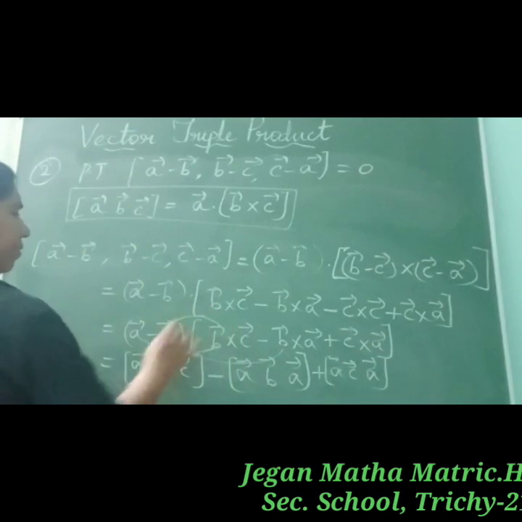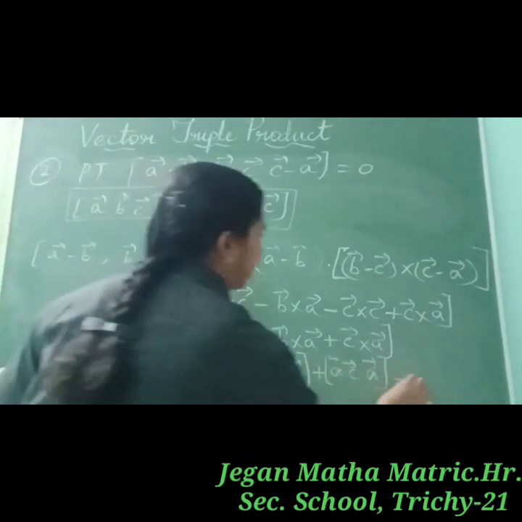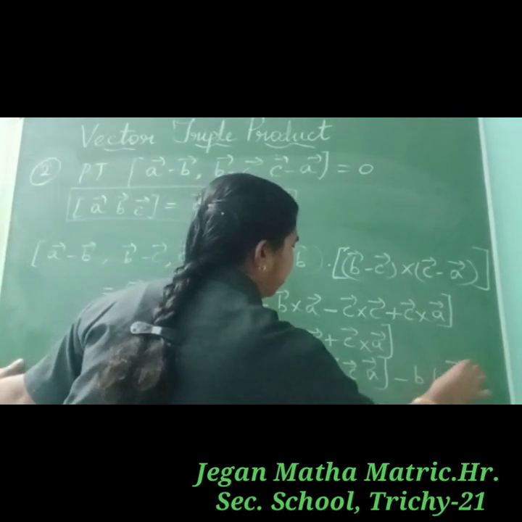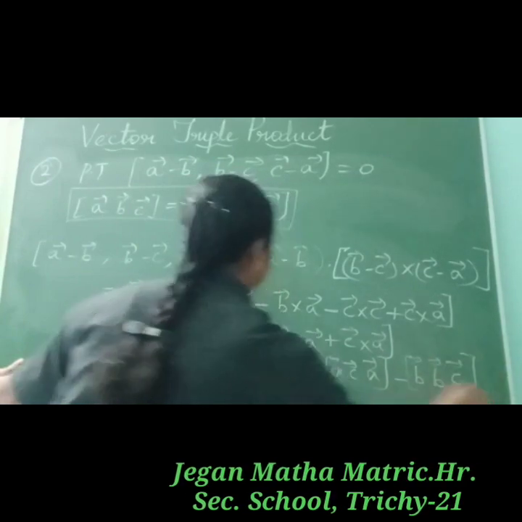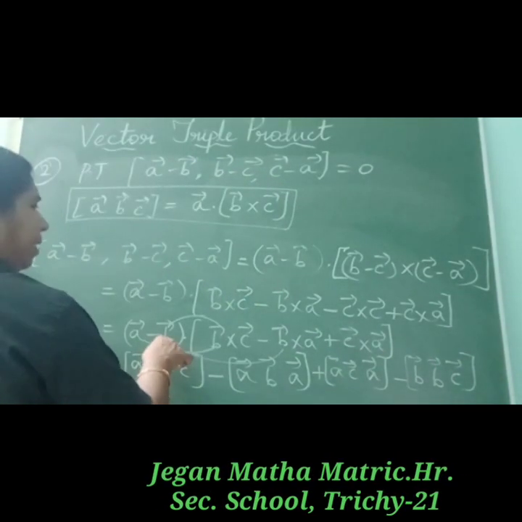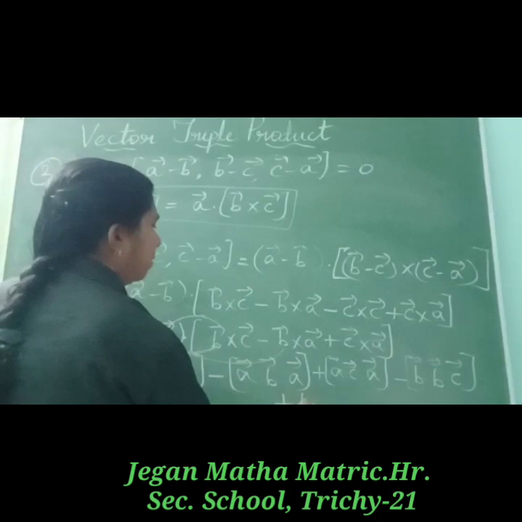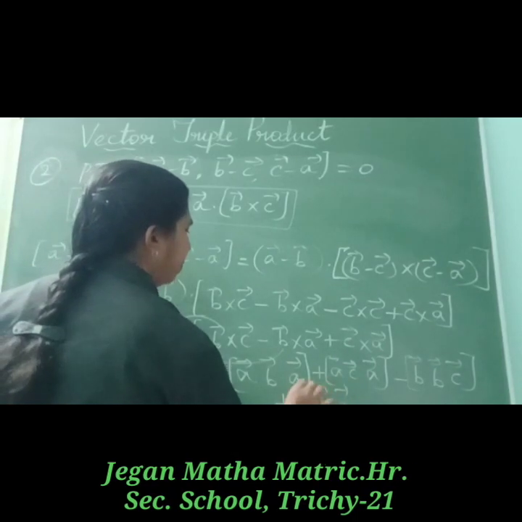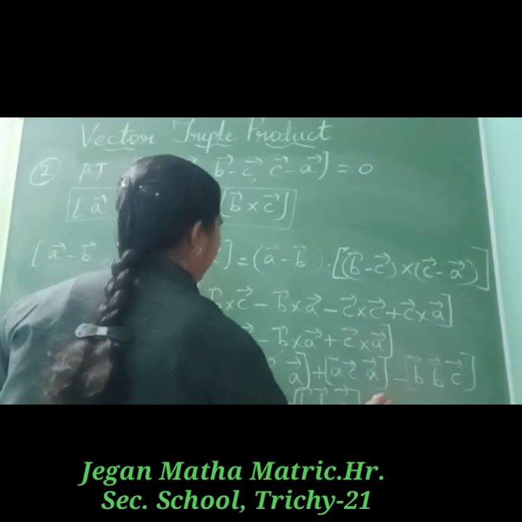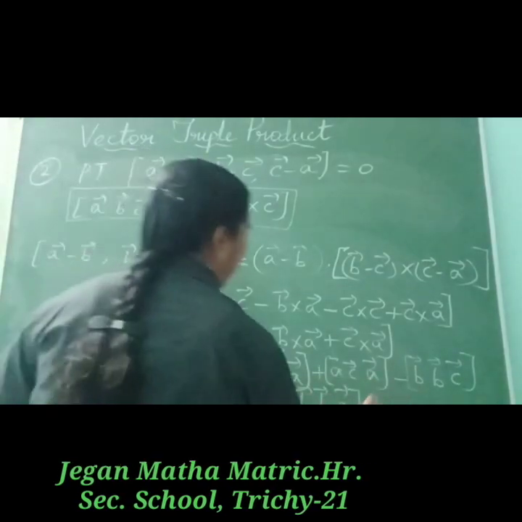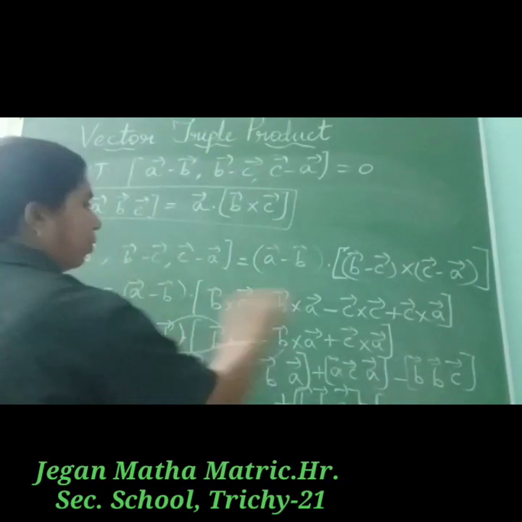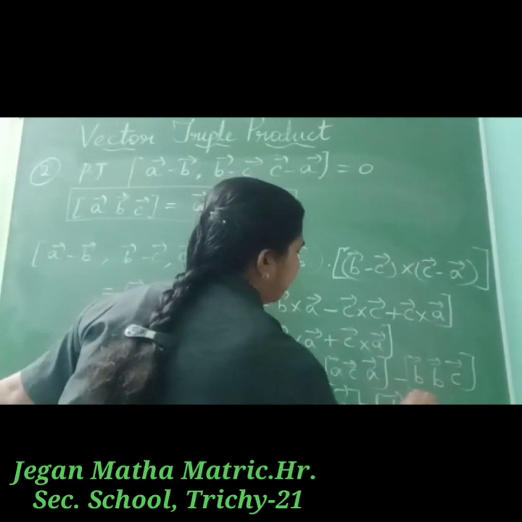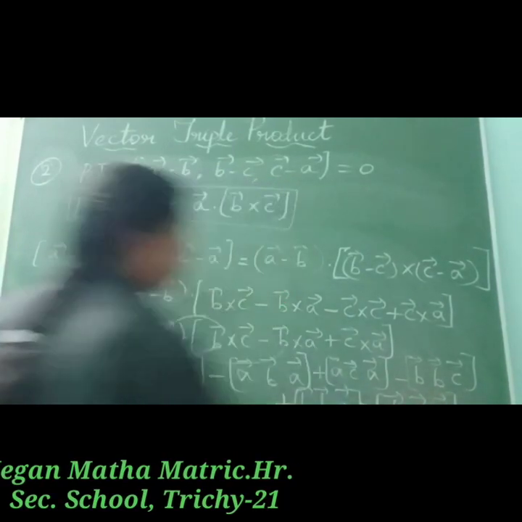Now you can multiply with the second vector: minus [B, B, C] plus [B, B, A] minus [B, C, A].